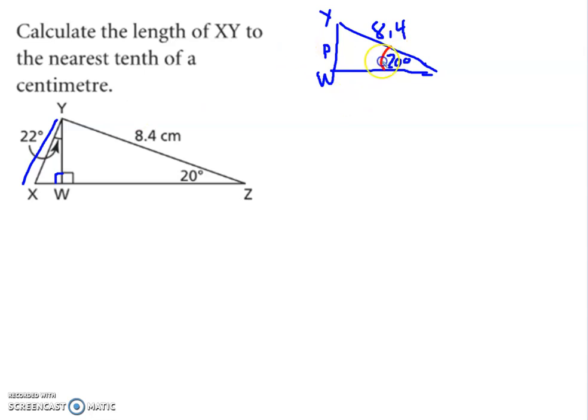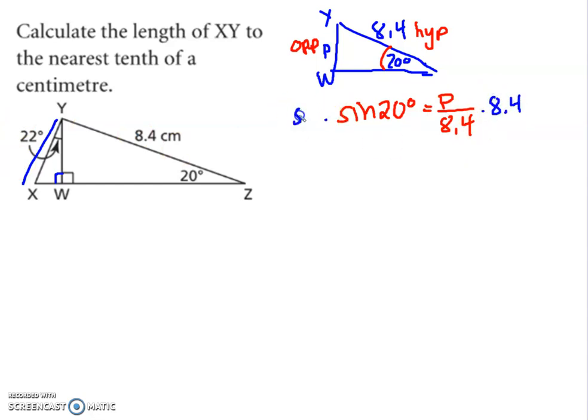We have the angle, we need the opposite, and we have the hypotenuse. So we're looking at the sine. The sine of 20 degrees is going to be equal to P divided by 8.4. To solve for P, we need to move this 8.4, so we need to multiply both sides by 8.4. Once we do that, these cancel out.